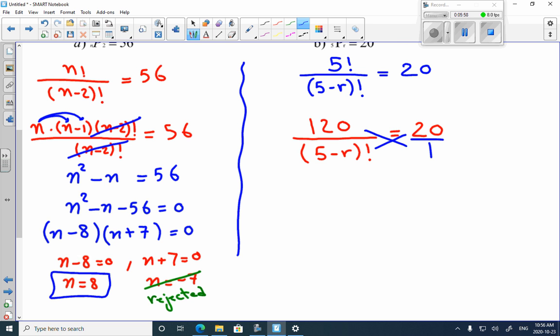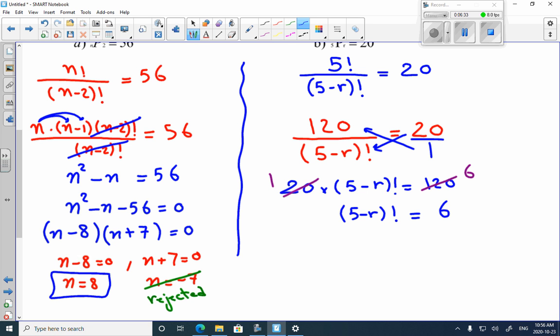So if I cross multiply, I have 20 multiplied by 5 minus r factorial equals 1 times 120, which is 120. Now we divide this side by 20, it's 1, and the other side by 20, it is 6. Oh, I missed the factorial notation here. Right now, I have only 5 minus r factorial equals 6.